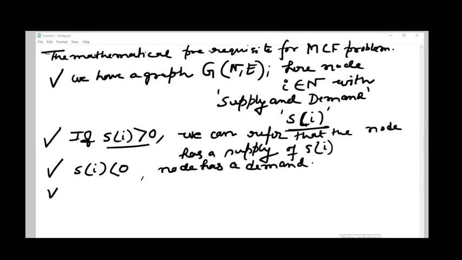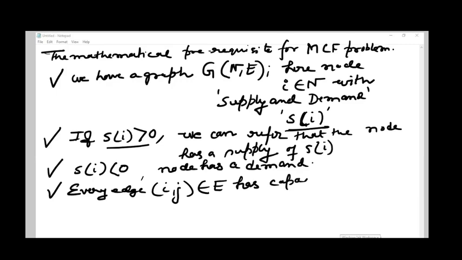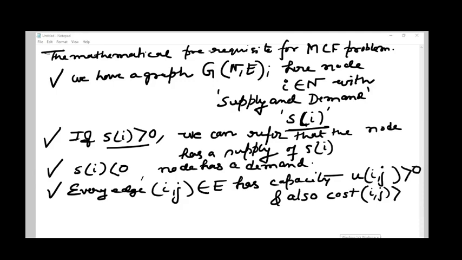Next point, every edge (i, j) belonging to E has a capacity q(i,j) greater than 0, and also a cost c(i,j) greater than or equal to 0.